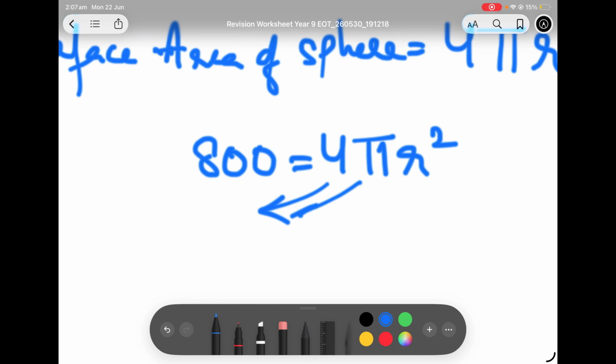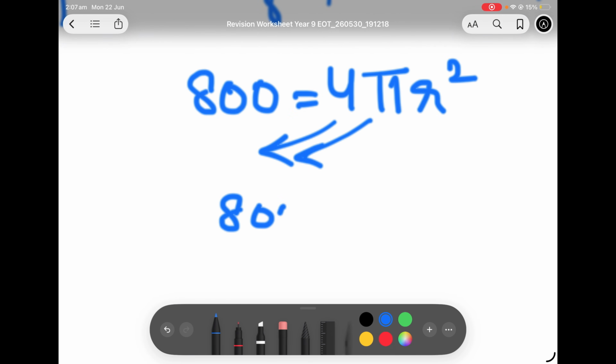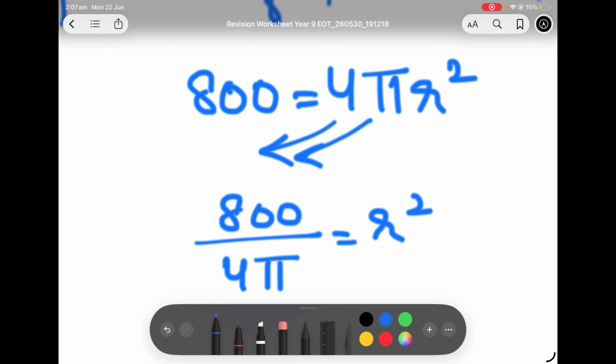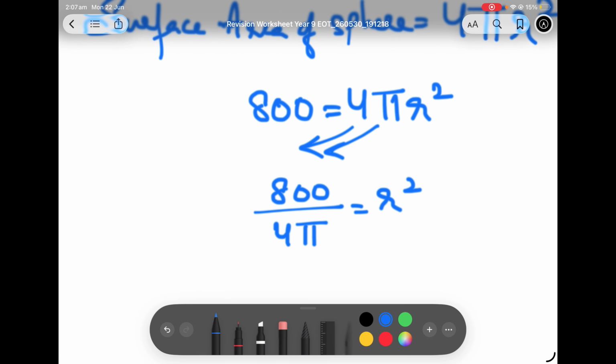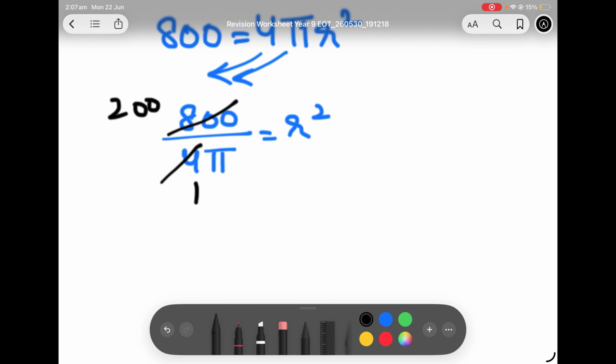4 goes down, pi goes down, it becomes 800 upon 4 pi is equal to r square. And then you go for 4 times 200, and you have 200 over pi. You use your calculator or you write down the value of pi as 22 over 7.